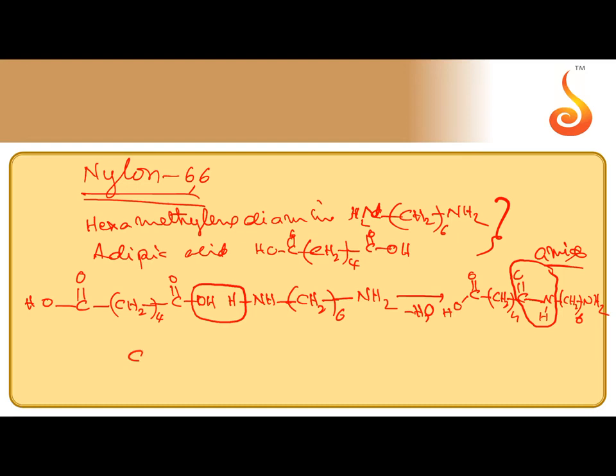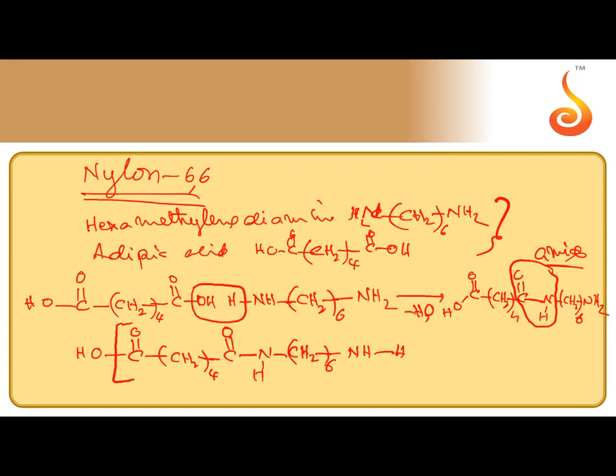When we want to write the repeating unit, observe carefully again. You write the complete structure: COOH, CH2 taken 4, CO, attached to the other monomer, CH2 taken 6, NH. First you write this clearly. This is a new bond, the amide bond. You keep the OH of the COOH outside of the square bracket, because from the two terminal molecules you have to get a water molecule.